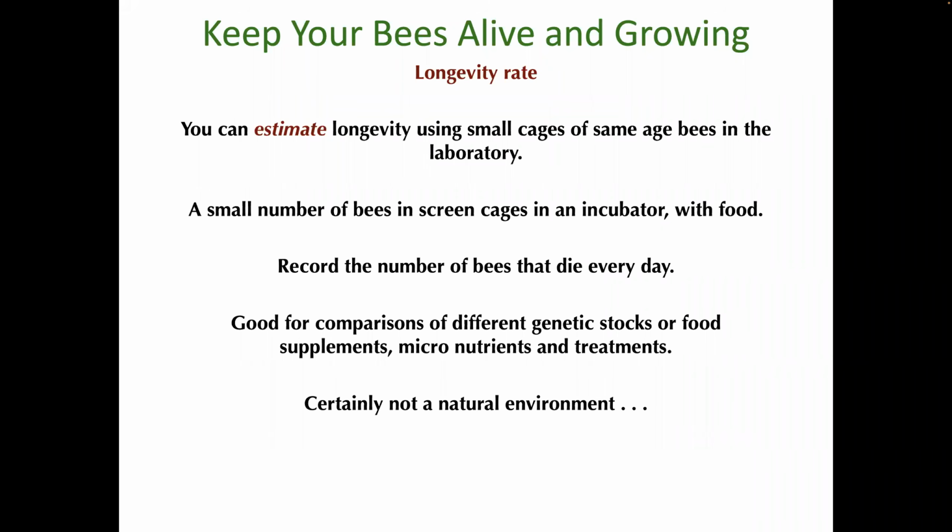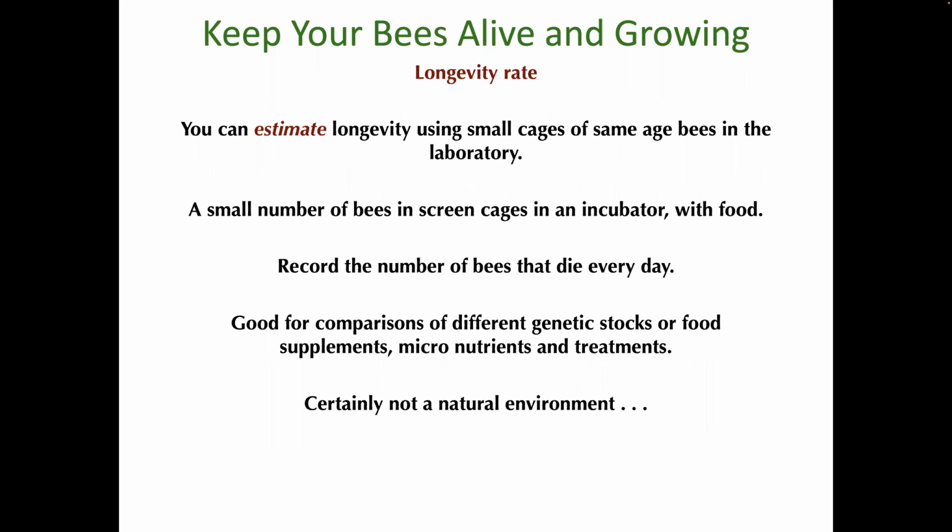Small cage studies can be used to estimate longevity. Small cages with bees in them and the number of bees that die every day can be counted. And these studies have been used.